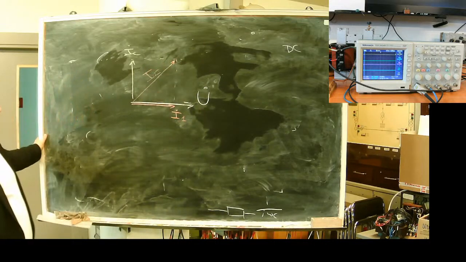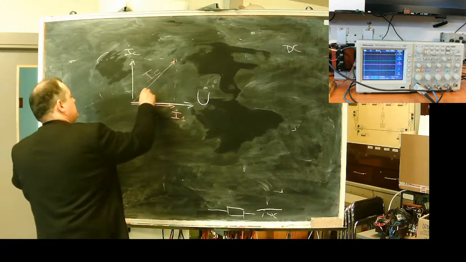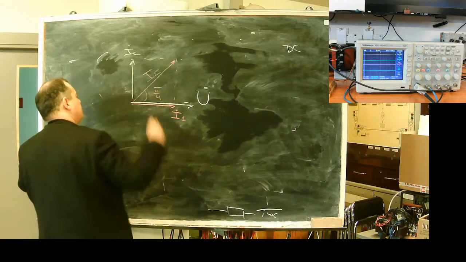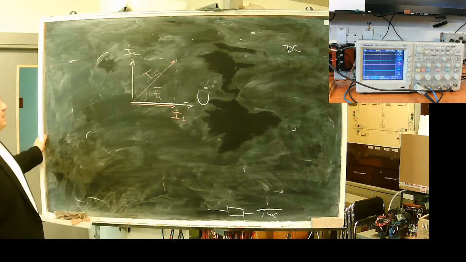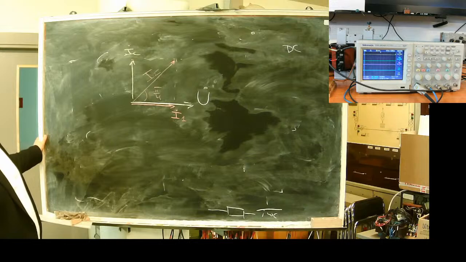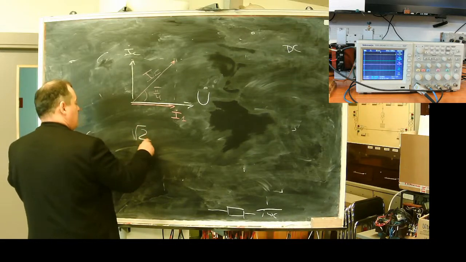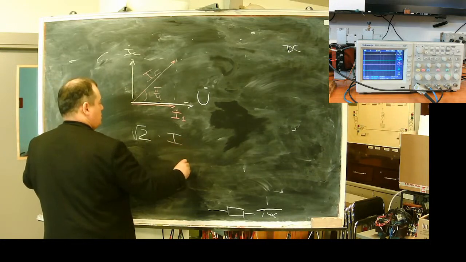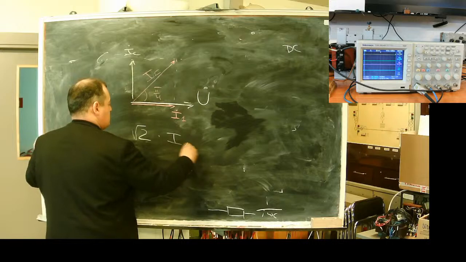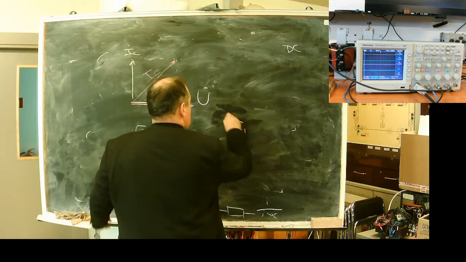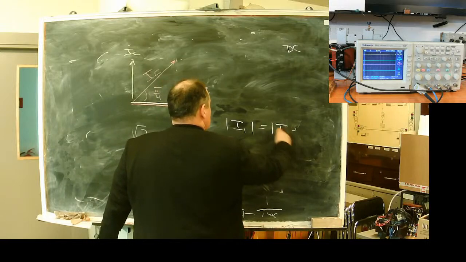If they are equal, this angle will be 45 degrees, and its magnitude will be, no, currents are equal, I1 equals I2.